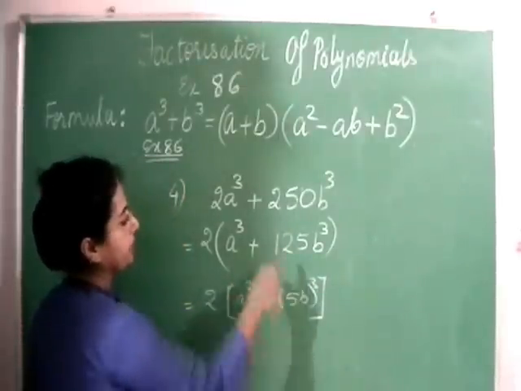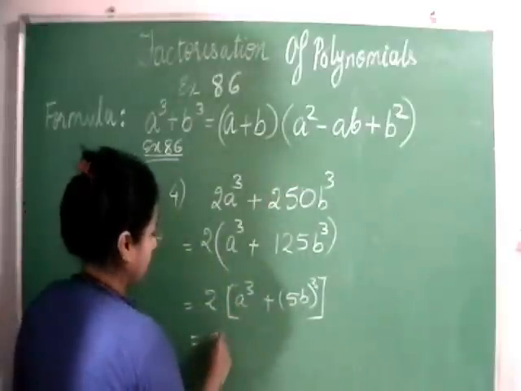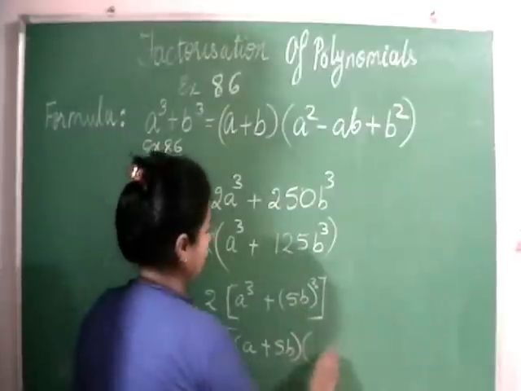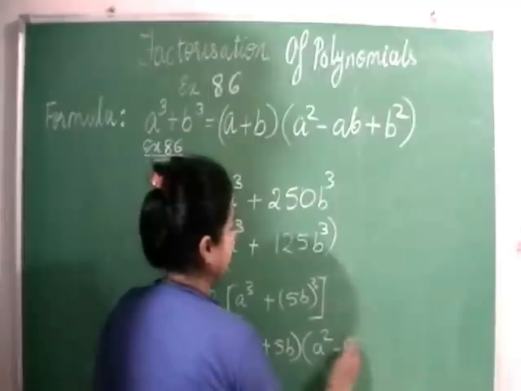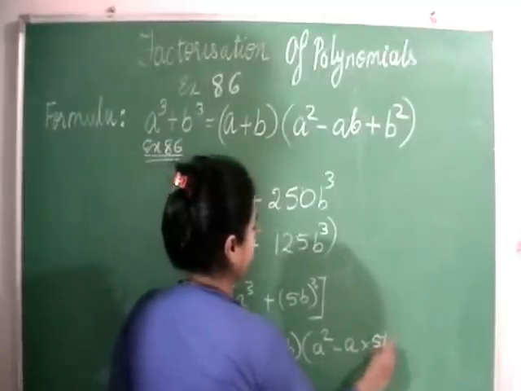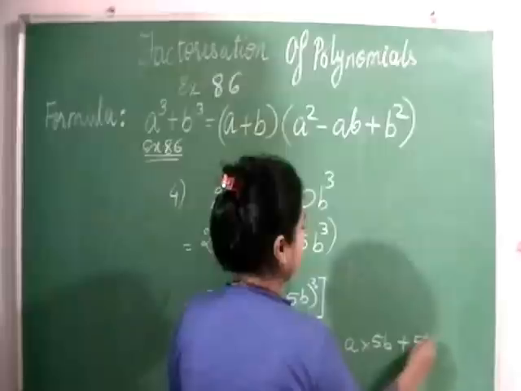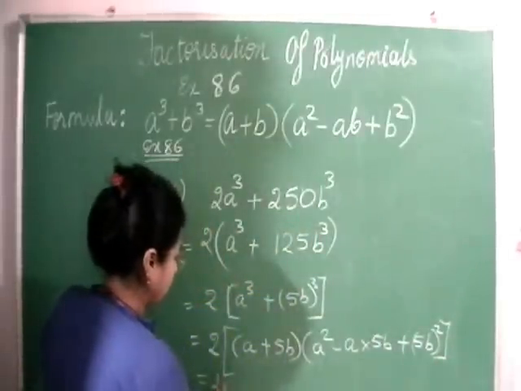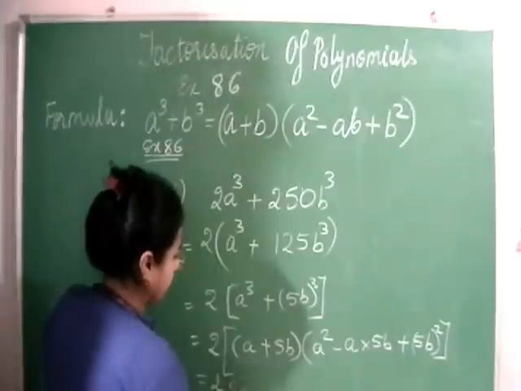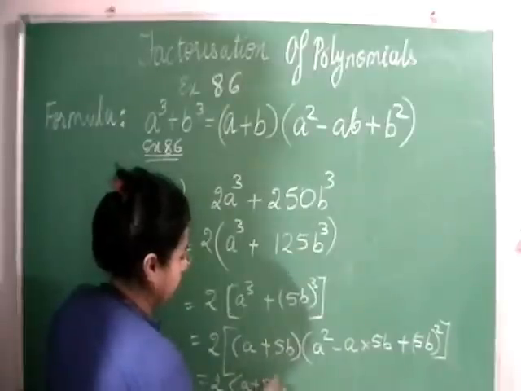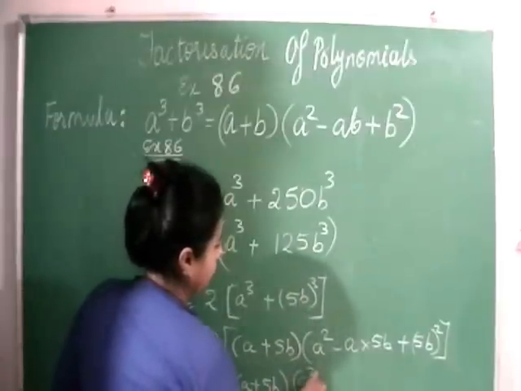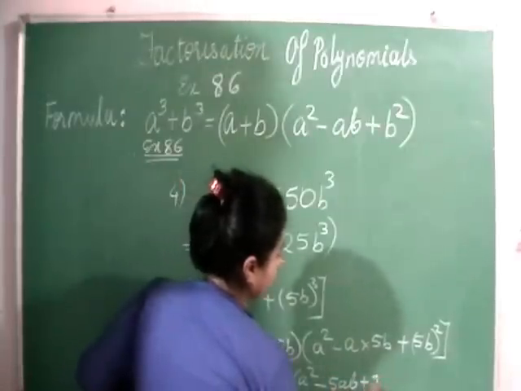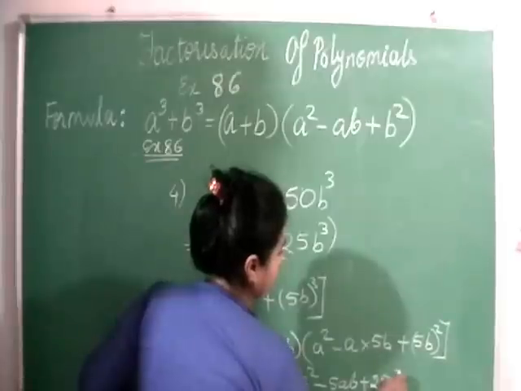So now we factorize this by the formula above. 2 (a plus 5b), new bracket, (a square minus a into 5b plus (5b) the whole square), and your formula gives you this answer. 2 (a plus 5b) (a square minus 5ab plus 25b square).